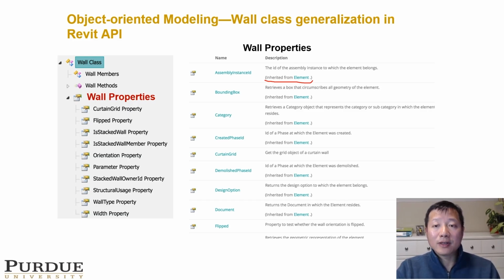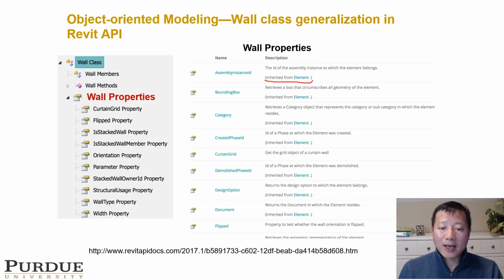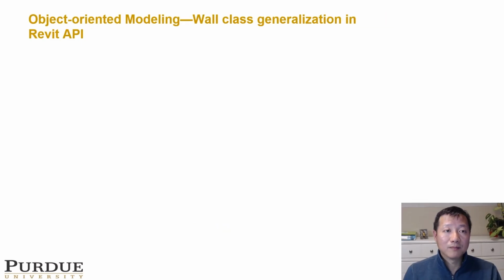The reason this assembly instance ID is also shown here is because your wall class is a subclass of your element class. This is the inheritance; the attribute gets inherited. I also put a link to the document if you are interested in knowing all the details behind the scenes.